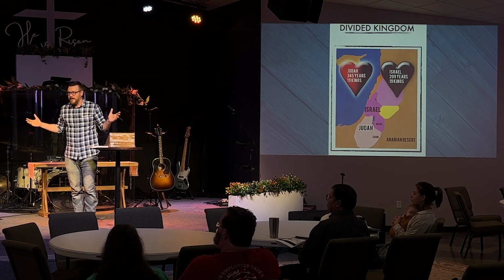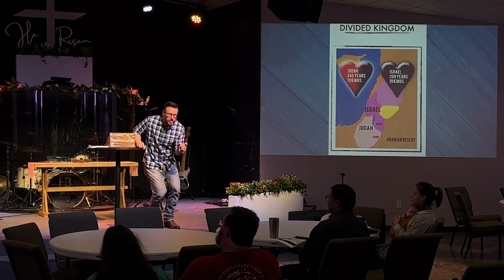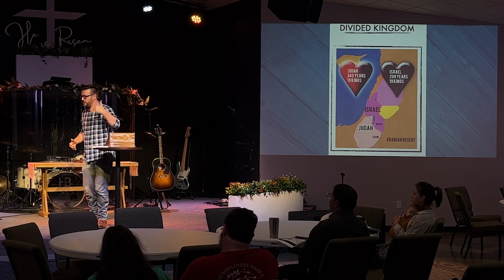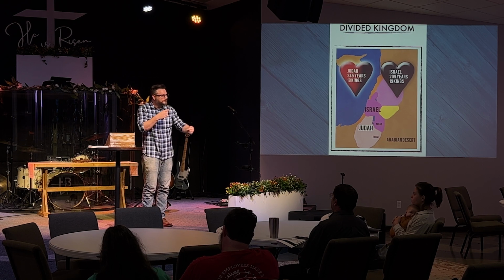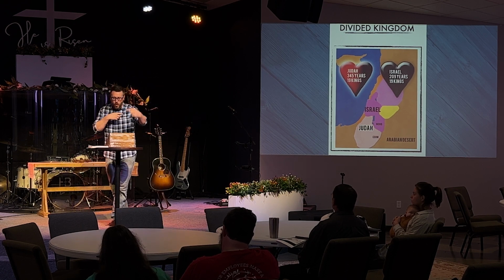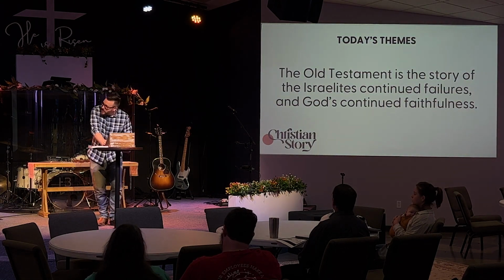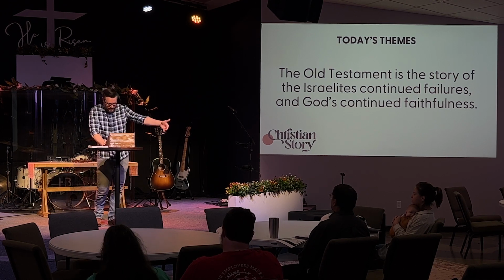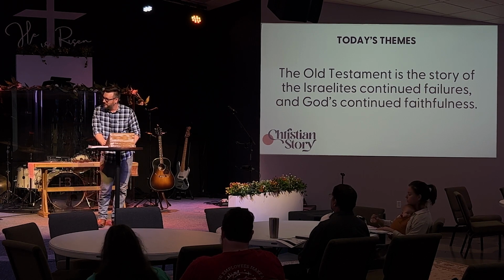But the nation divides. And this is the part where you get this enormous chunk of the Old Testament, where you start getting all of these prophets showing up. And it's very cyclical. A lot of the same stuff happens over and over again. The big idea: the Old Testament is the story of the Israelites' continued failures. They keep turning from God, and God's continued faithfulness.